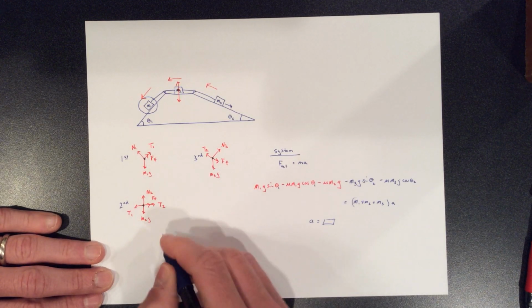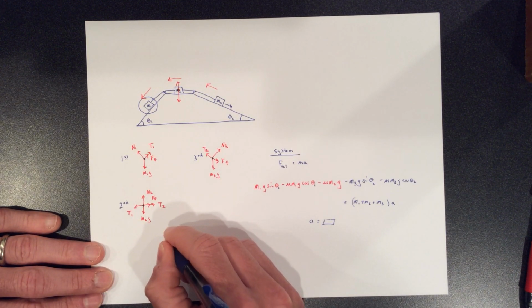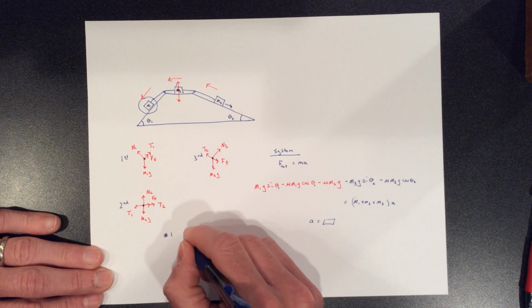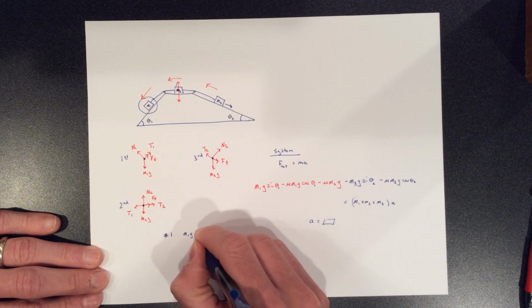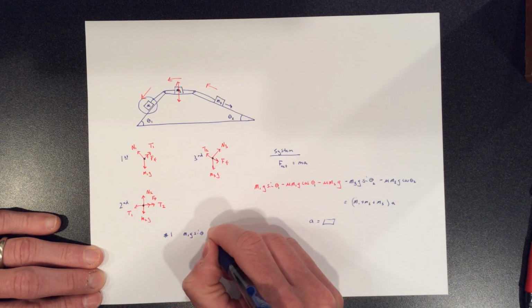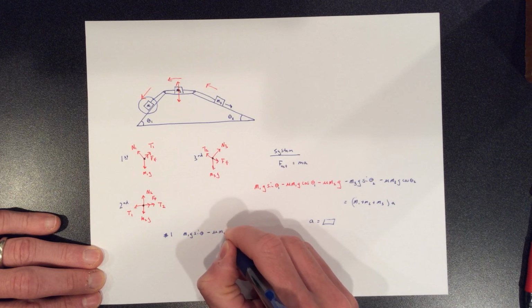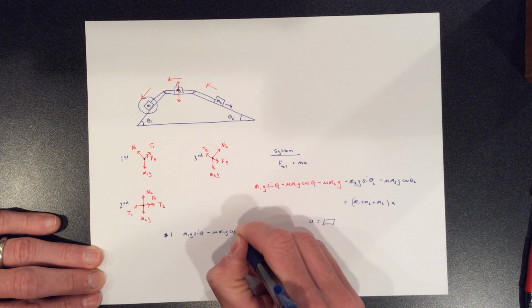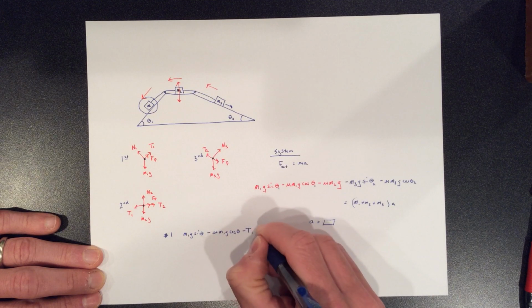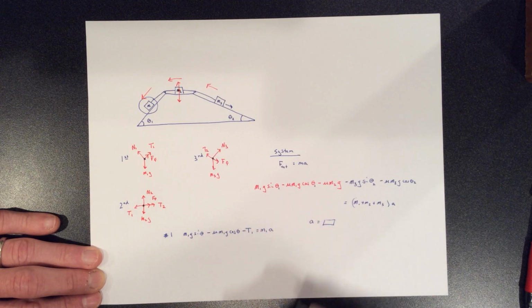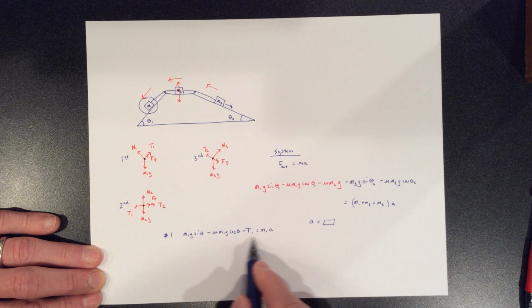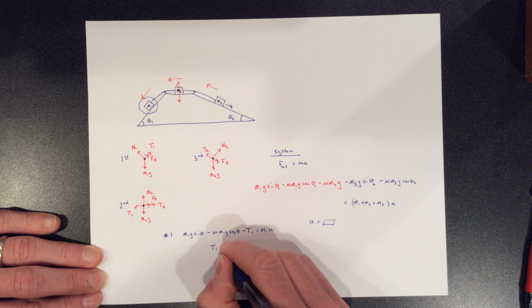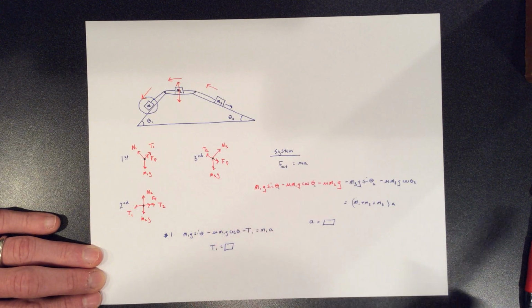And again, if I looked at just box 1, looking at number 1, we would say that M1g sine theta minus mu M1g cosine theta minus T1 equals M1A. And if you knew the acceleration, this would solve for T1.